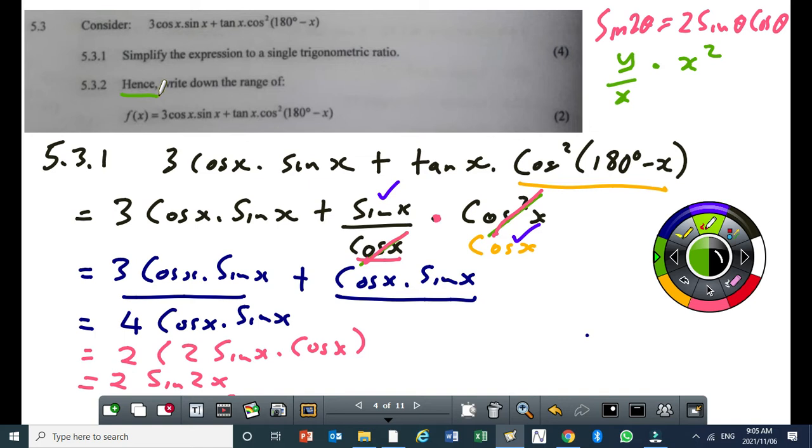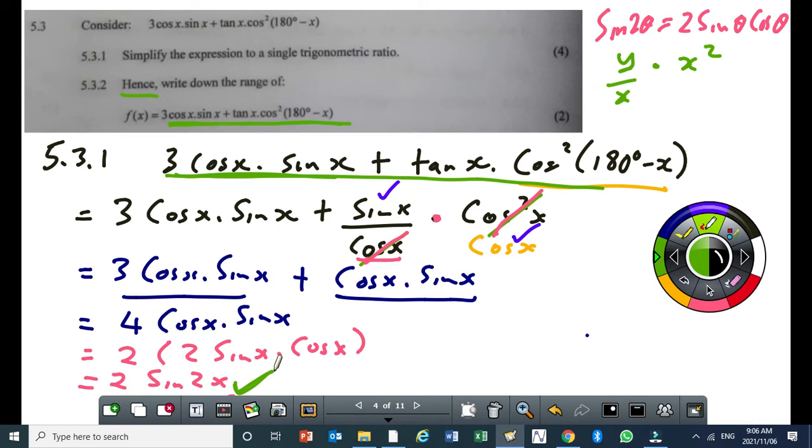It's 2 sine 2x. Now they are saying, hence, write down the range of f of x equals. I'm sure you can see that this is equivalent to that. But we have simplified this whole expression to this one here, which means we can replace this expression by this one.